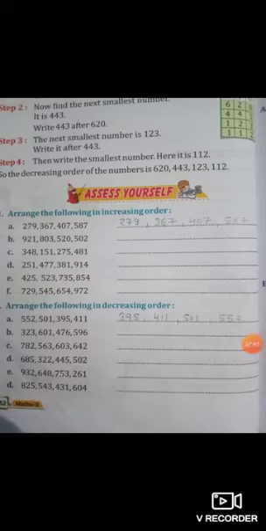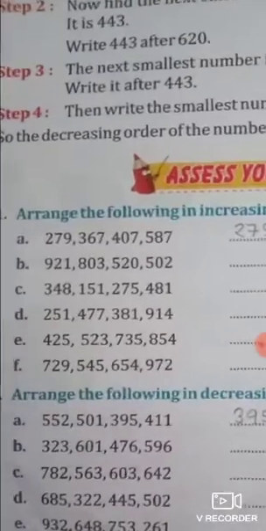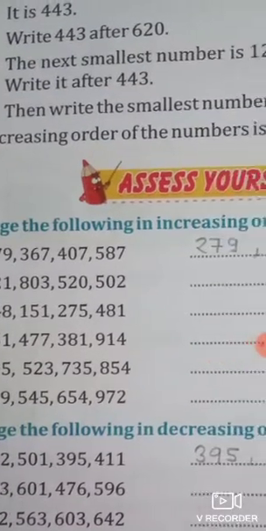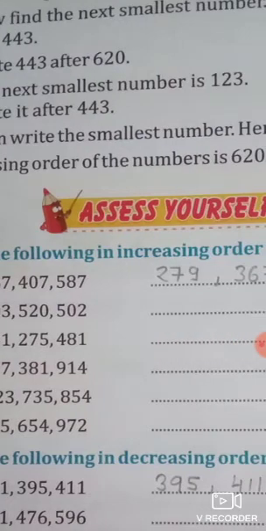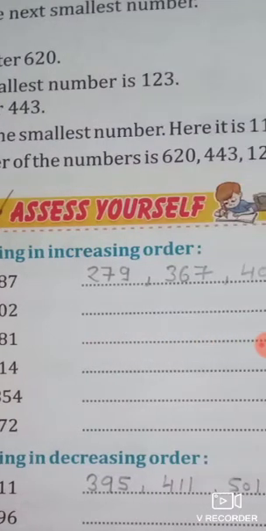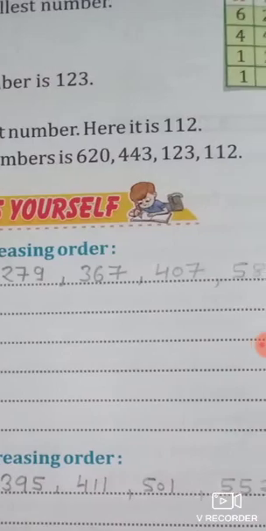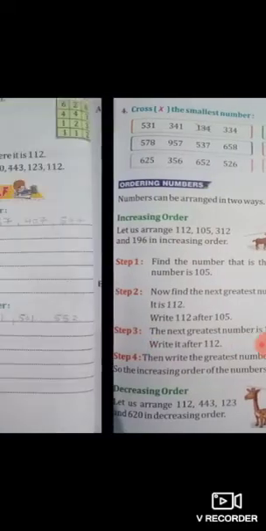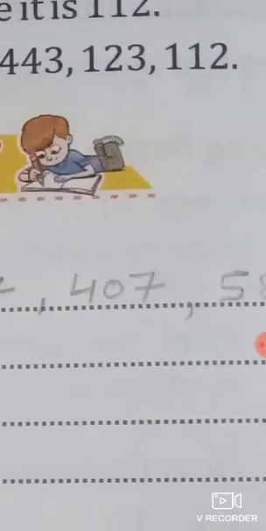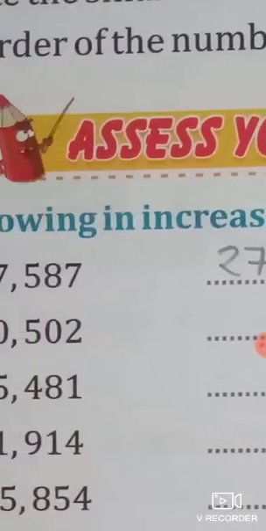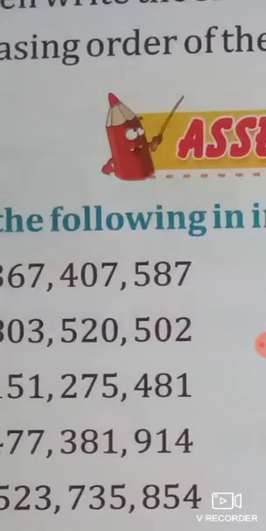Now we move on to page number 52. First question is, arrange the following in increasing order. When we arrange the given numbers in increasing order, we get 279, then 367, then 407, then 587. Okay, so children, you will arrange the rest of the numbers yourself.